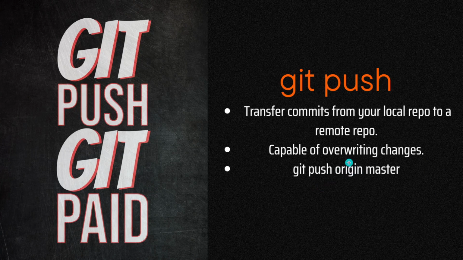Generally origin is a placeholder referring to my remote repository, which is the main code base that we want to push our changes to. So this means that I want to git push to the remote repo, which is called origin in this case. And master is basically the name of the branch.